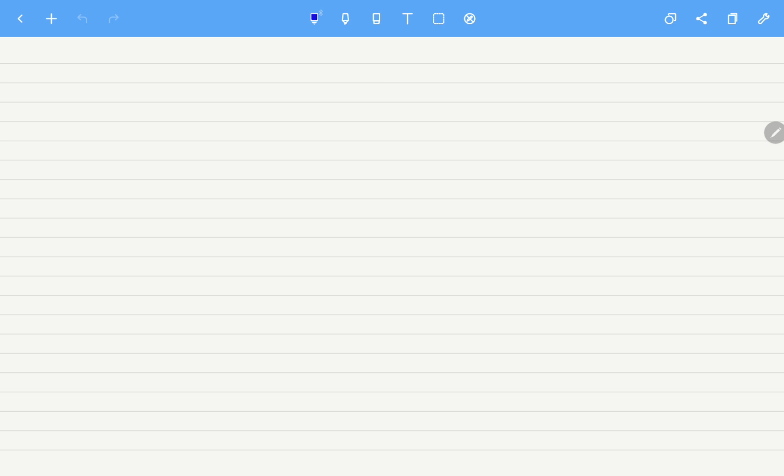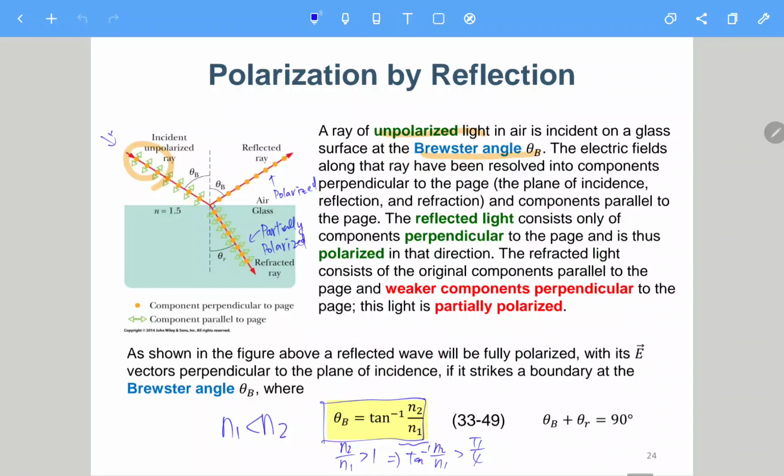Okay, I don't have it in my notes, so let me try to derive it myself.